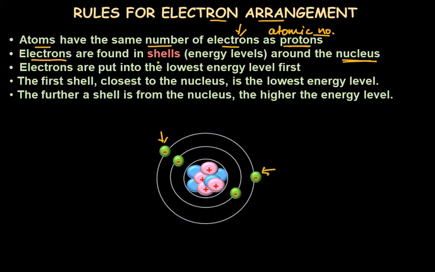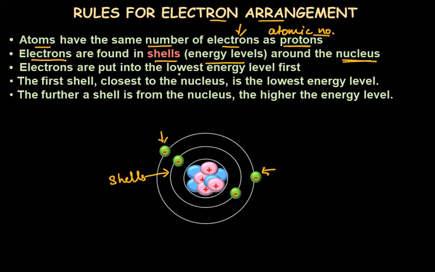So electrons are found in the shells or energy levels around the nucleus. You can call these orbits, which are called energy levels or electron shells, around the nucleus in which the electrons are found.